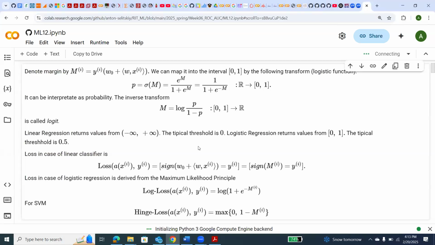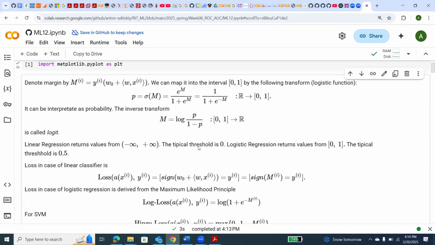So it's not a pretty recent algorithm, and it was the most popular before gradient boosting, that we will cover right after the break, and neural networks. Okay.